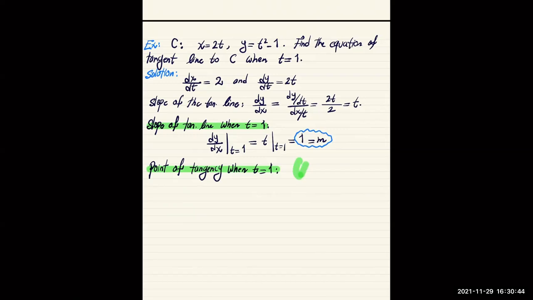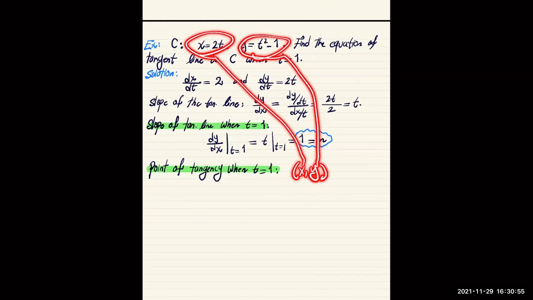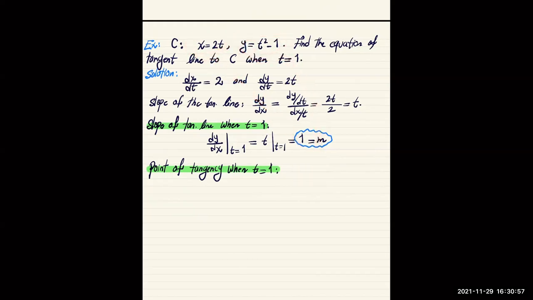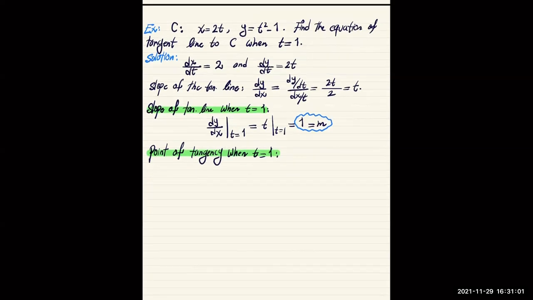The point is x comma y. I need my x. x is determined by this equation, and y is determined by this equation. So plug 1 into t for x and y. You're evaluating x of 1, which reads as x at 1.